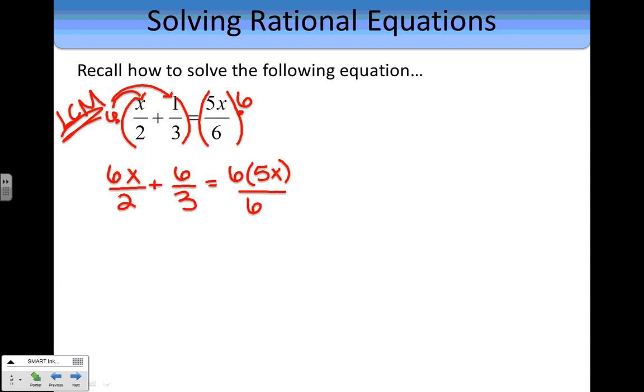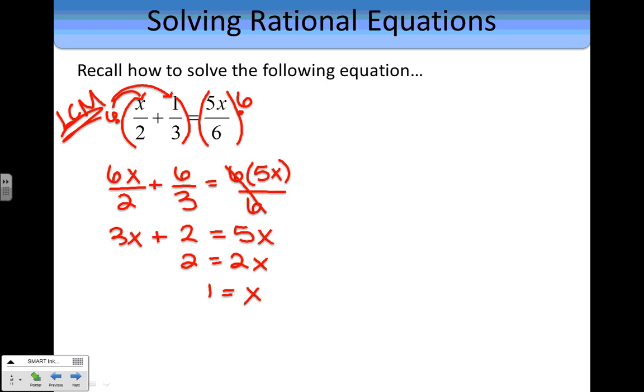By doing this, it cancels out these denominators, because now I can take 6 divided by 2, which is 3. 6 divided by 3 is 2. These cancel out, and we get 5x. So now I have created an equation with no denominators that I can easily solve. So subtract 3x from both sides, divide by 2, and x equals 1.